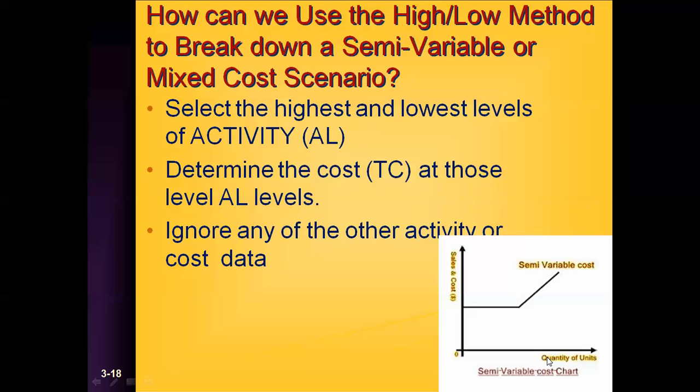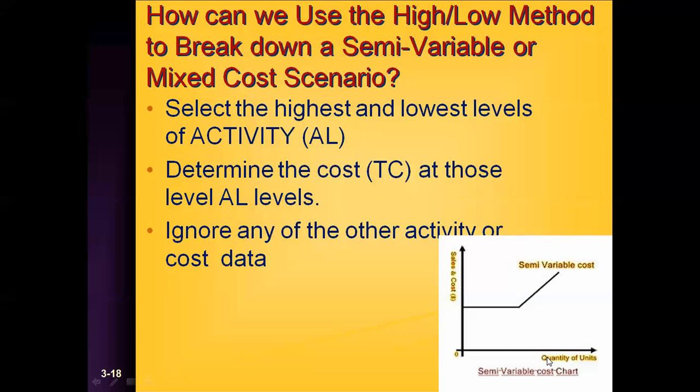However, that fixed cost would tend to turn into a semi-variable or mixed cost if you needed to open another factory because you're doing so well in your business. So instead of paying one utility bill for one factory, if you opened another factory, your utility costs would tend to increase, and therefore the semi-variable characteristic associated with it.